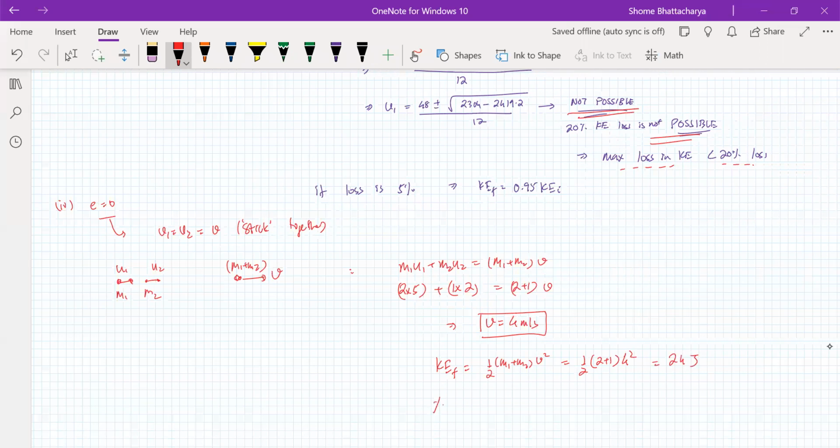Okay, so the percentage loss now you can see is, initial kinetic energy we had already seen was 27 joules.